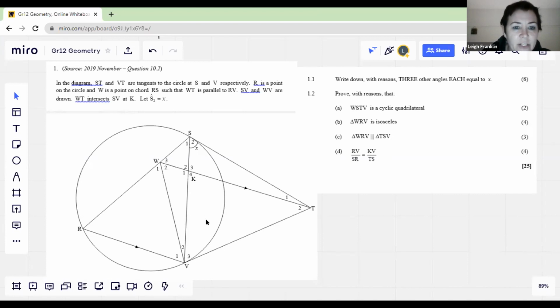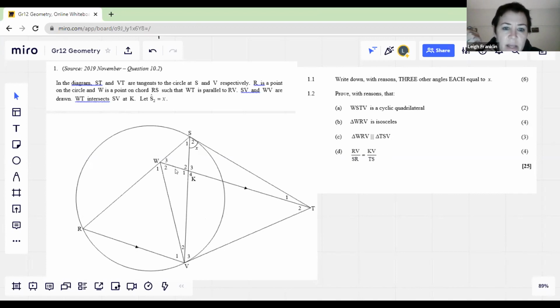Nice, lovely connections here, guys. I'm super impressed. Where were we? All right, so WT parallel to RV. So why would they tell us that lines are parallel? They would tell us lines are parallel because they want us to use corresponding, co-interior or alternate angles, more than likely corresponding and alternate, because those are the angles that are equal.